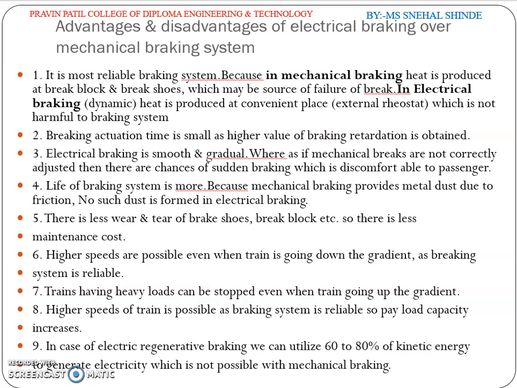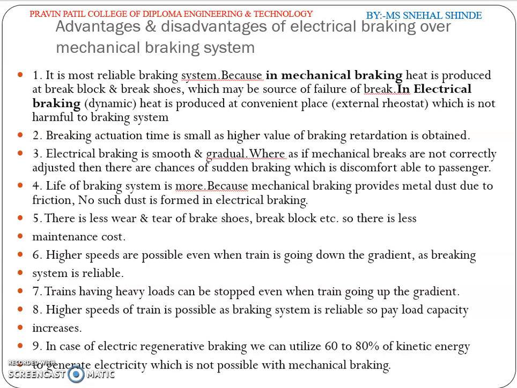Higher speeds are possible even when the train is going down the gradient. As the braking system is reliable, trains having heavy loads can be stopped even when going up the gradient.